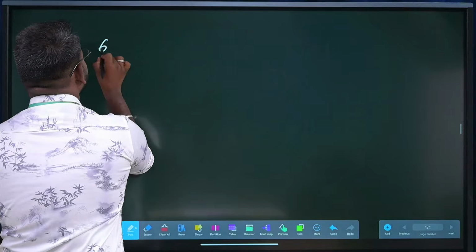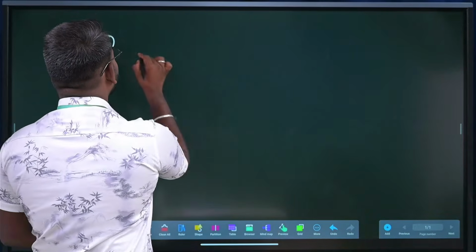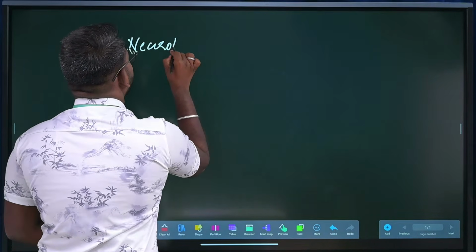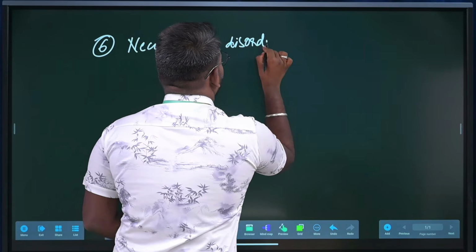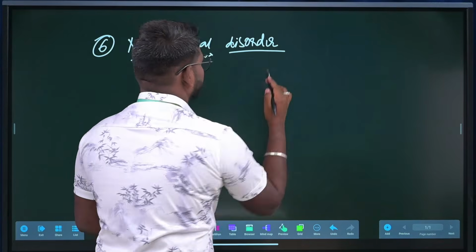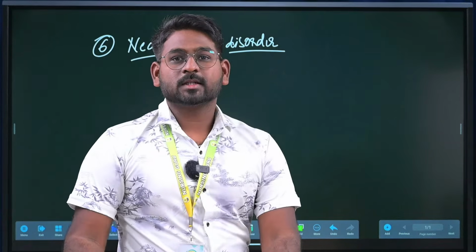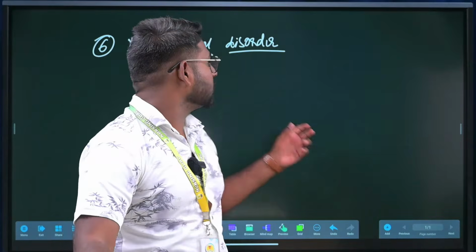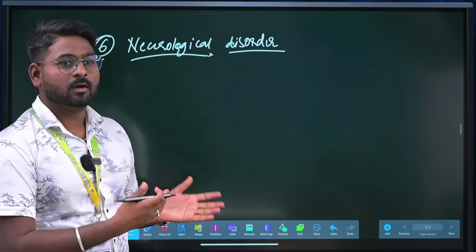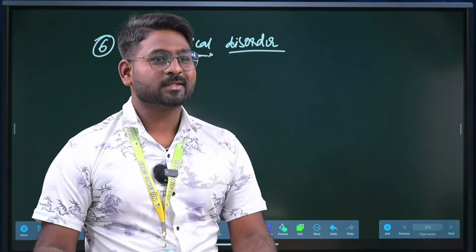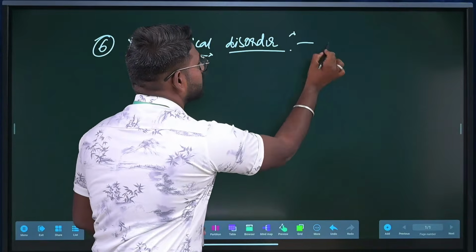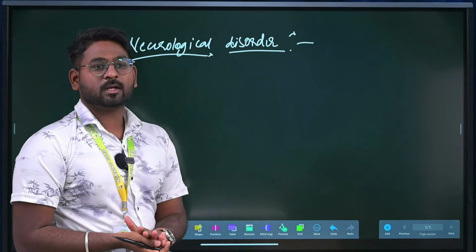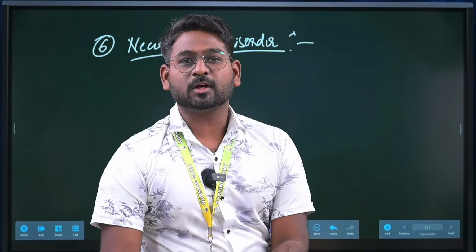The next unit is unit number 6, the neurological disorders: the nursing management of the patient with a neurological disorder.